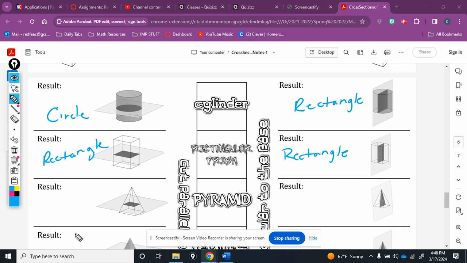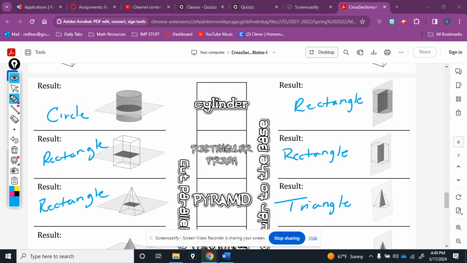Okay. Now, my pyramid, if I was to cut the pyramid left to right parallel to the base, I'm going to get a rectangle. And if I was to cut it up and down perpendicular to the base, it's going to give me a triangle.